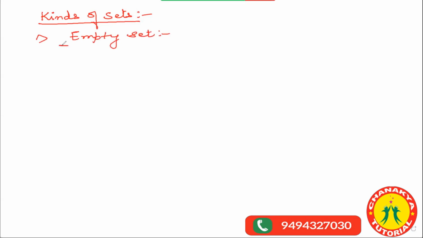So as the name of the set is empty, what do you understand by this word, empty? Nothing is there in the set. Yes. A set which does not contain any element is called an empty set.